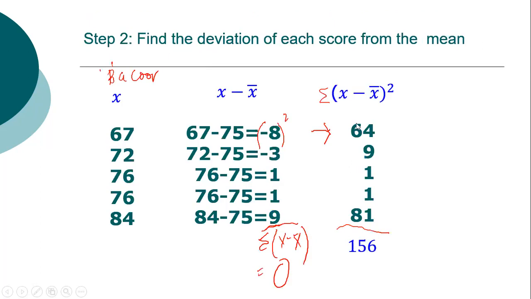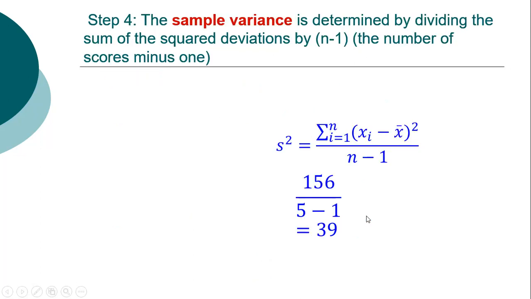So since 6 yan, 1, 2, 3, 4, 5, 5 pala, minus 1. So that would be 156 divided by 4. And this will be your sample variance. So this is the symbol for sample variance. So 39. Again, let me remind you that this is for the Bacoor shop.